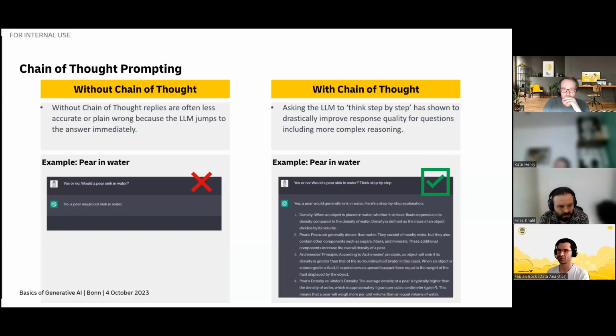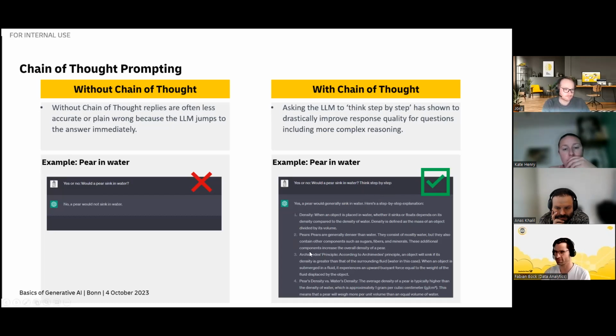Similarly, there is an approach which is called chain of thought. If you would ask ChatGPT directly, yes or no, would the pear sink in water? It would give you a wrong answer. It would directly say no. But if you add to the question "think step by step", it is triggered to elaborate on the thinking.